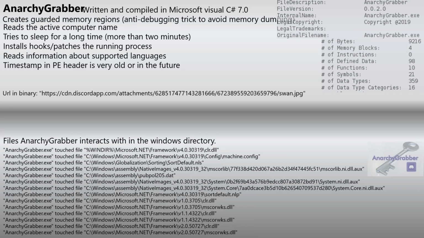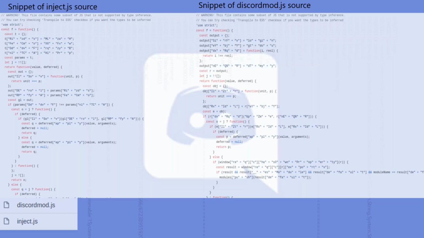Once installed, Anarchy Grabber alters the Discord client's JavaScript files to steal victims' Discord user token. And it creates guarded memory regions to avoid memory dumping, so people are trying to reverse it and make it a little bit harder. It doesn't help that you got the source anyways.